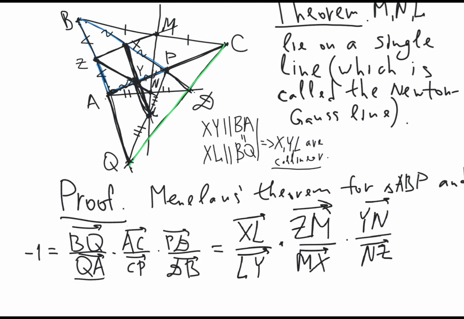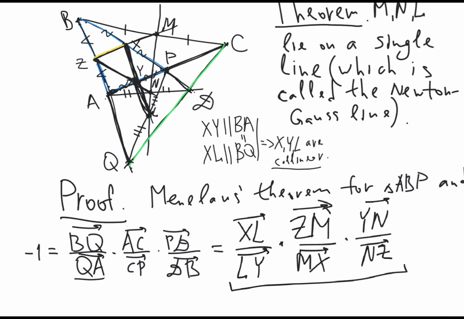And so we have the product of these three ratios. Now we notice what this product is. So XL over LY. Now basically we consider the triangle, let me select it with yellow.